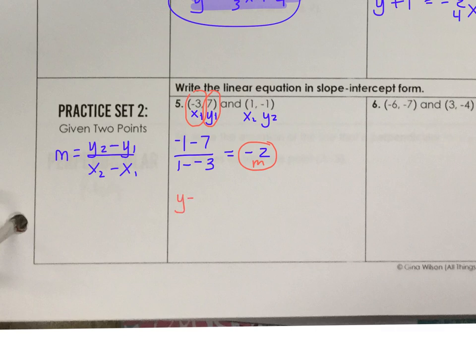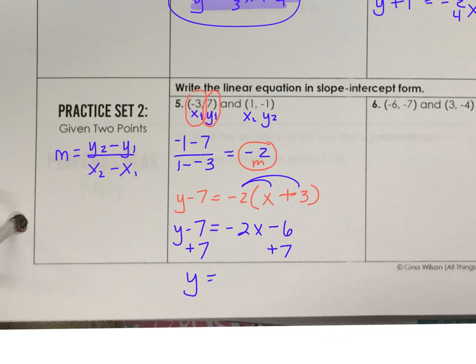Y minus y1, which is 7, equals m, negative 2, times (x minus negative 3), which we know 2 negatives make a positive. I'm going to distribute. Y minus 7 equals negative 2x minus 6. Then we're going to add 7 to both sides. Y equals negative 2x plus 1.